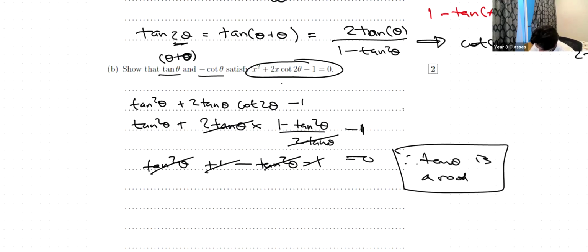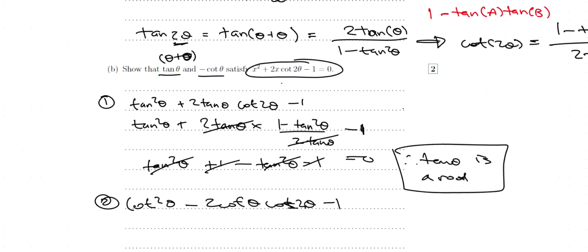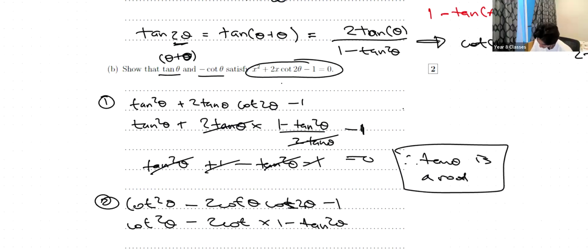So we get cot squared theta minus 2 cot theta cot 2 theta minus 1. And then what's this going to become? 2 over tan theta, and then times the fraction from before as well. Yep. Good. We should write this as 2 over tan theta.